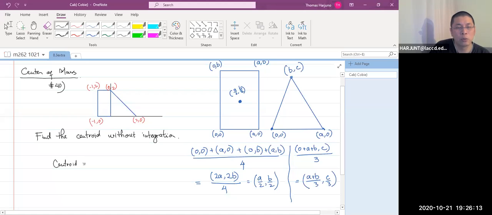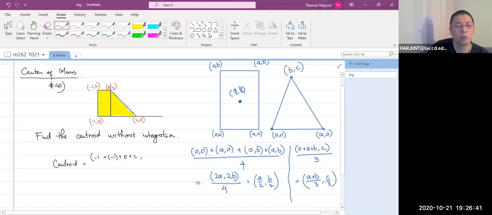remember when I use the word centroid, it means the density here is uniform. Like when you laminate, right? It's basically a piece of paper or a piece of plastic. The centroid will be -1 plus -1 plus 0 plus 2.